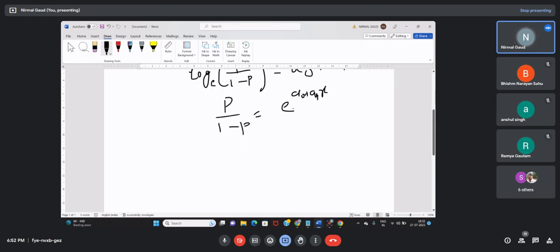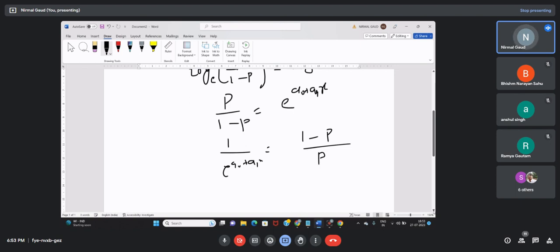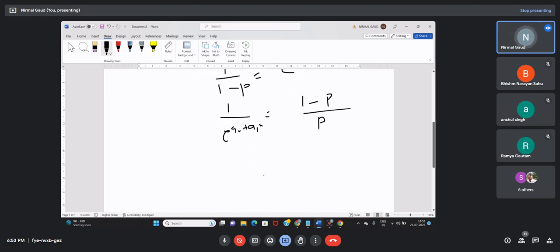So let me bring this, 1 minus p upon p equal to 1 upon e to the power a0 plus a1x. Then I can separate, 1 upon p minus 1.